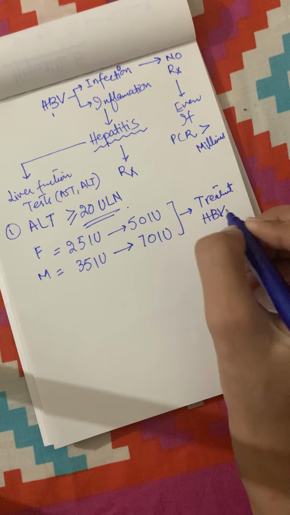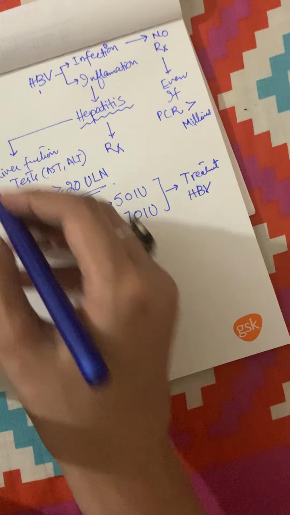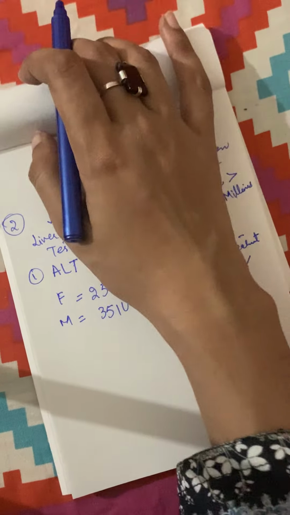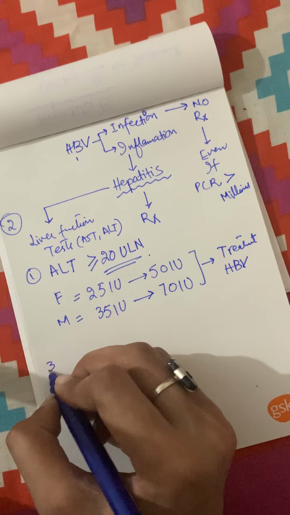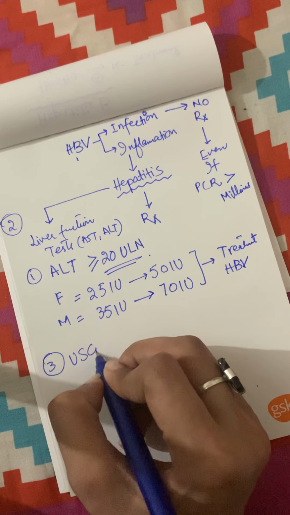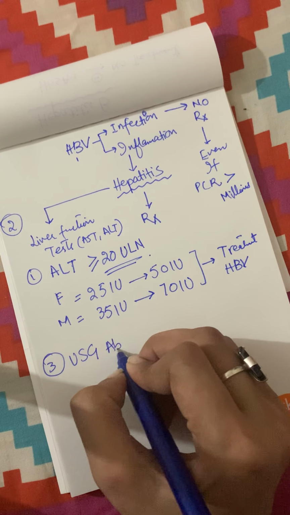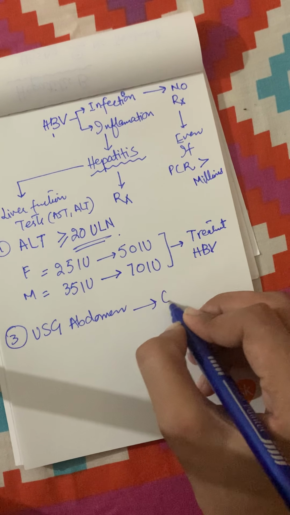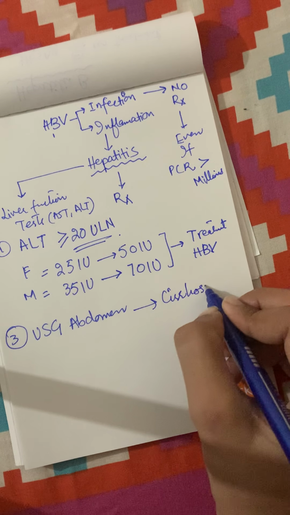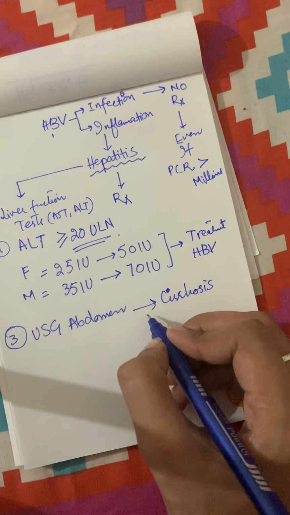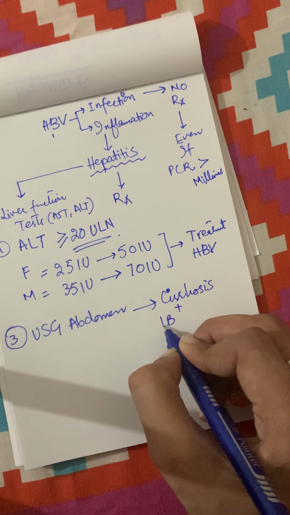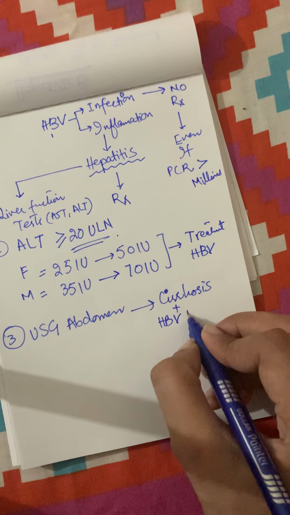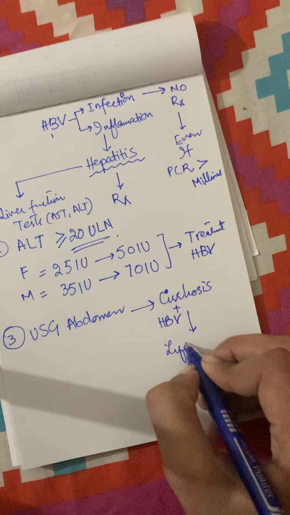The second thing was the LFTs. After looking at the viral markers, the third thing we have to see is ultrasound abdomen. If there is cirrhosis present on the ultrasound abdomen and hepatitis B virus has in fact caused the hepatitis, then we have to give lifelong treatment.